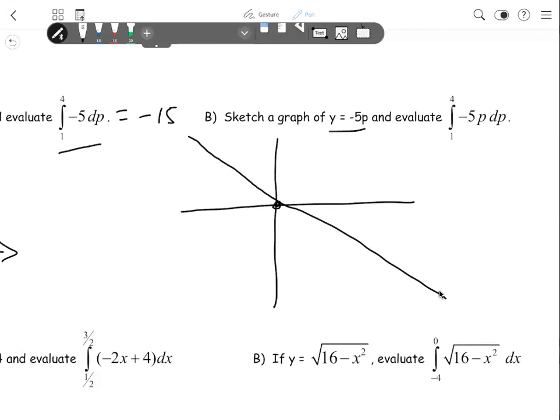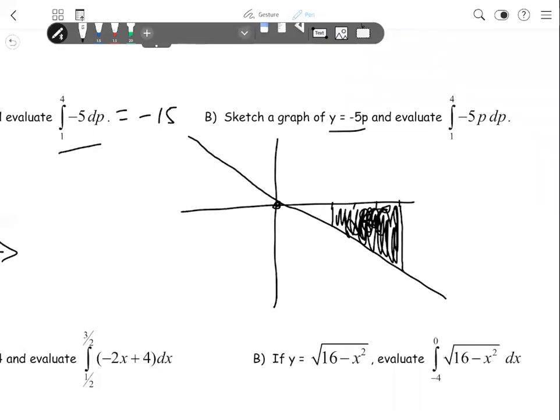And so again, I'm going to find the value of the integral from 1 to 4. And so I am finding the area of the shaded region here. So this is a trapezoid.